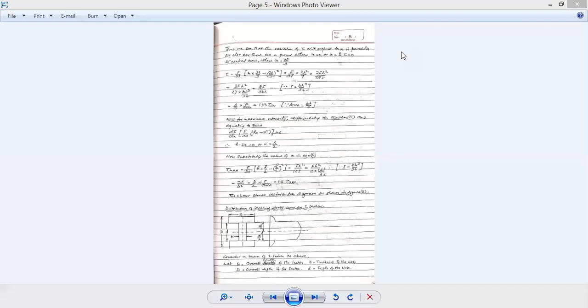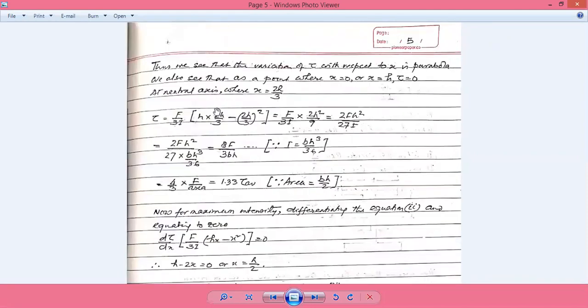Now, it is the equation of the variation of tau with respect to X from the top of the triangle, and it is parabolic in nature.